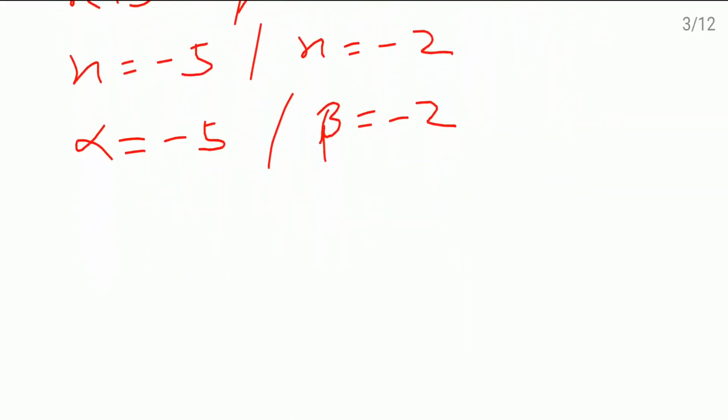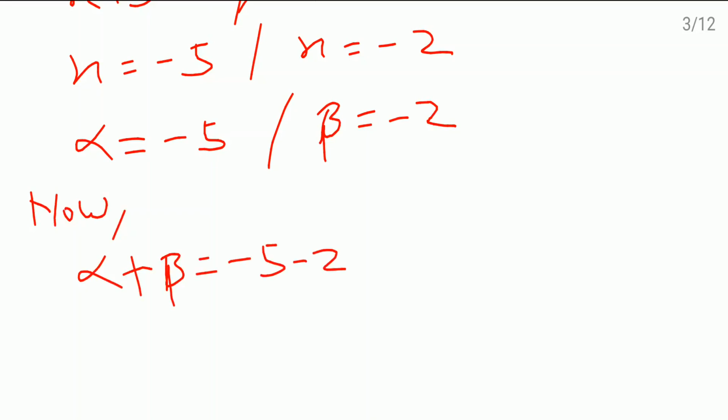Now I want to show the relationship between the zeros and the coefficients. First I will write down the sum of zeros. Sum of zeros means alpha plus beta, so minus 5 minus 2, which comes as minus 7. And minus b by a: now look at our polynomial.